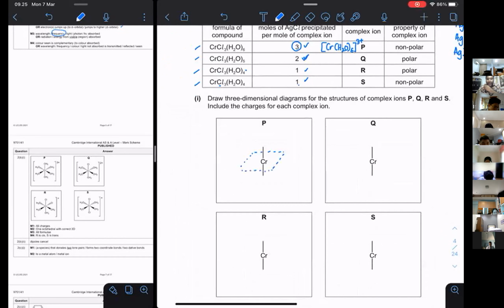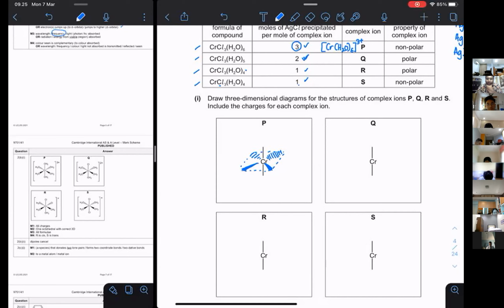You can see from the marking key they didn't put this, but normally I like to put this when I draw. So 2 lines to show that it's coming out from the paper, like this. Another one I like to draw like this, to show it's going behind. And then you have water.